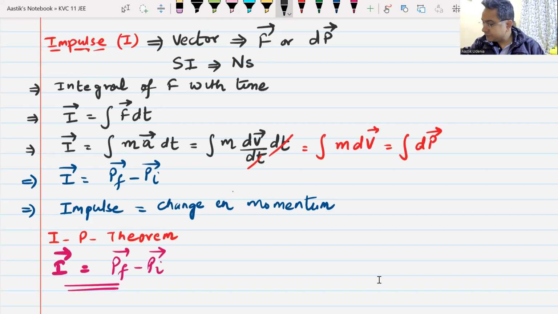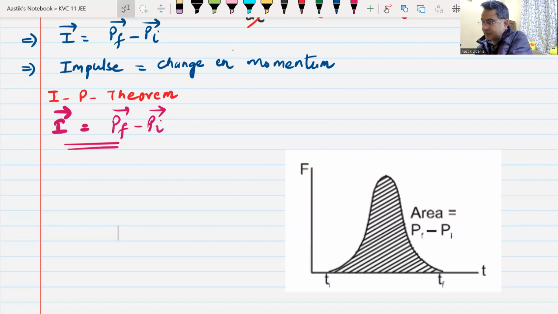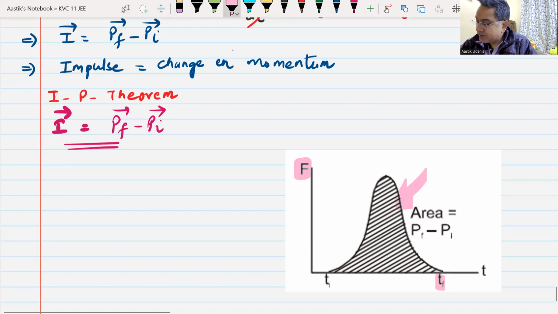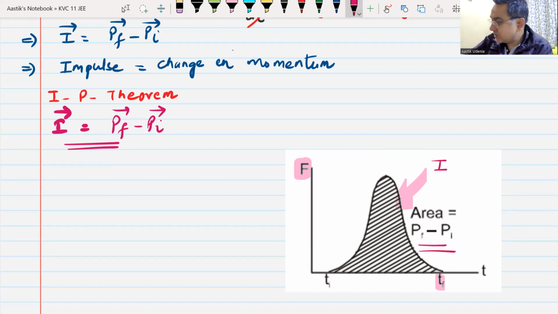If I have a graph between force and time, impulse will be the area under this graph, or this area will be equal to change in momentum.